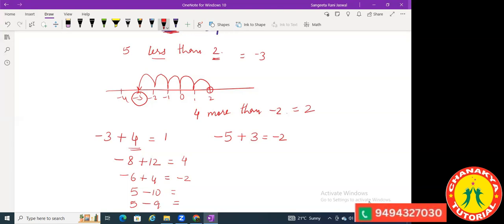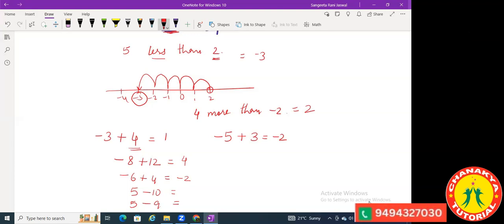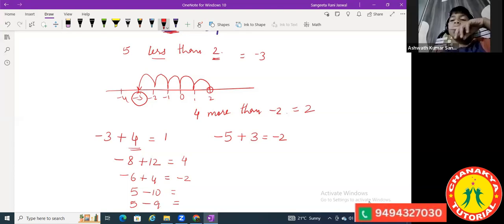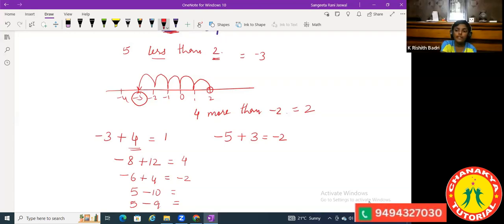Yes, Ashwath, tell me what answers you got. -4. Which answer is minus 4? 5 minus 10 is minus 4. Do it again on the number line. Do it nicely. Ma'am, I did all these sums on the same number line.